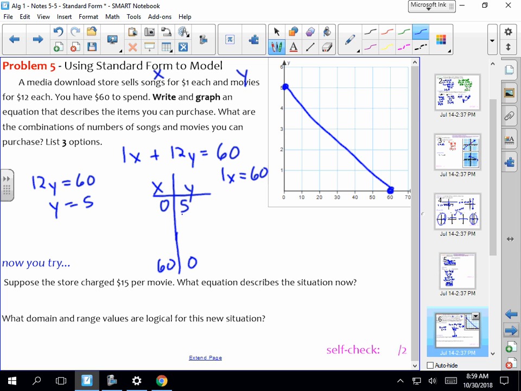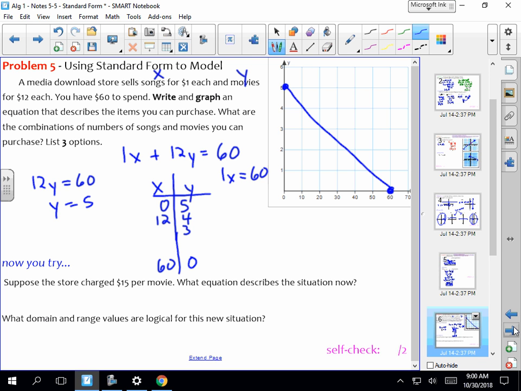So what if I bought 4 movies? 4 times 12 would be $48. How much left for songs? Oh yeah, 4 times 12 would be 48 out of my $60. Yeah, 12 more left. And you'll see a pattern develop here. If I buy 3 movies, $36.